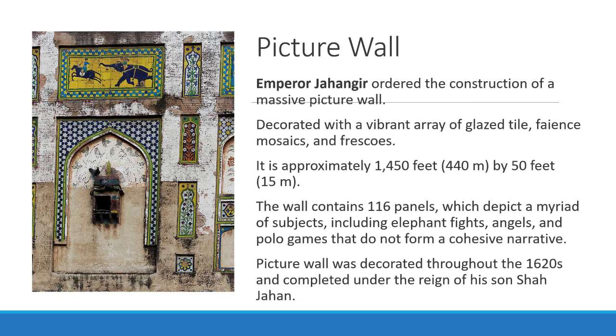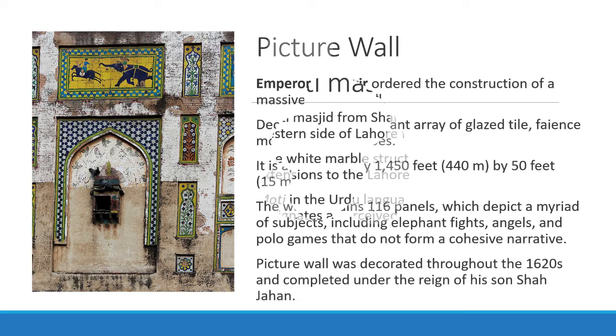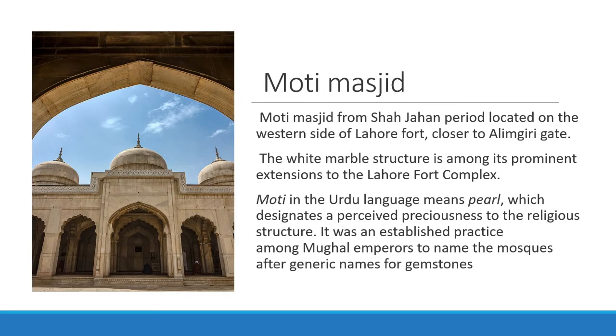It was approximately 1450 feet by 50 feet. The wall contains 1116 panels which depict a myriad of subjects including elephant fights, angels and polo games that do not form a cohesive narrative. The picture wall was decorated throughout the 1620s and completed under the reign of his son Shah Jahan.